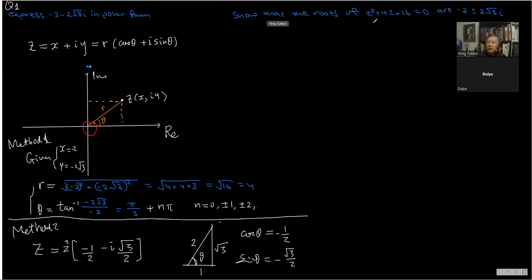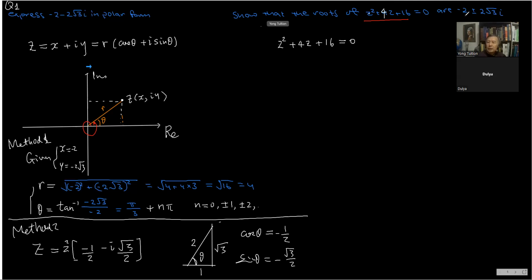Can you rewrite that? Does that involve z square? The first term is z square, then 4z, plus 16 equal to 0.